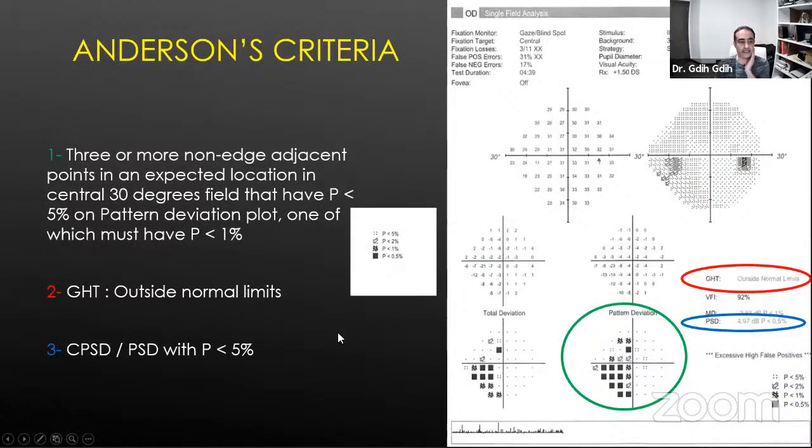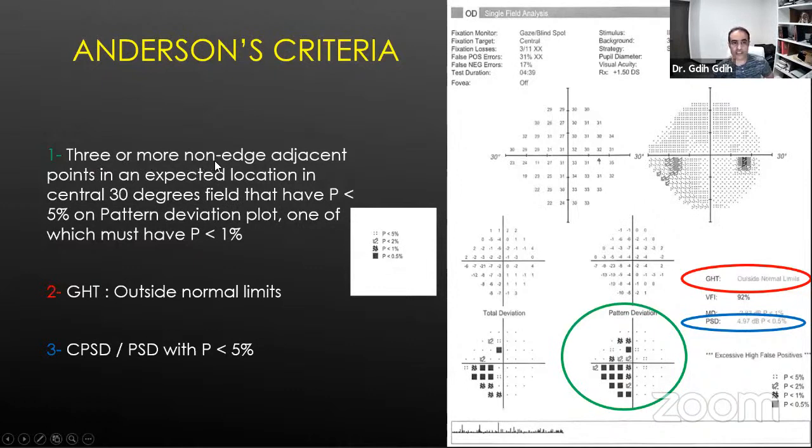Now again, this is something else I would like everyone to take a screenshot of. These are the 3 points of Anderson, who identified the minimum to call this glaucoma. So look at the color code here. Number 1, look at the green circle.